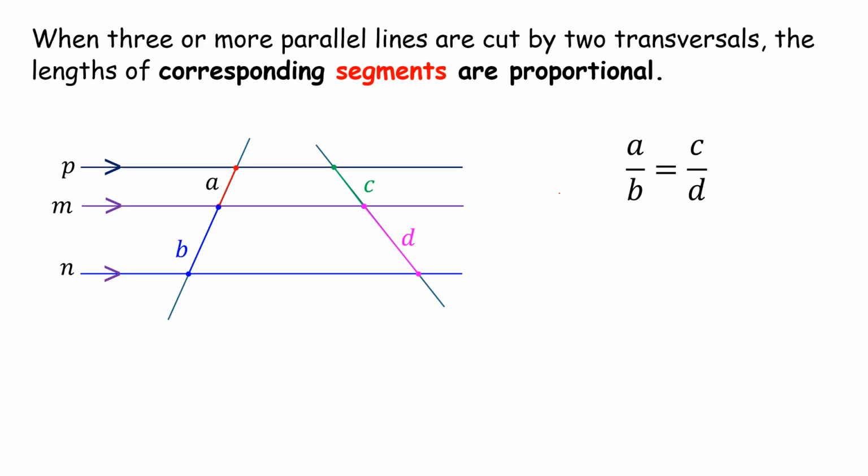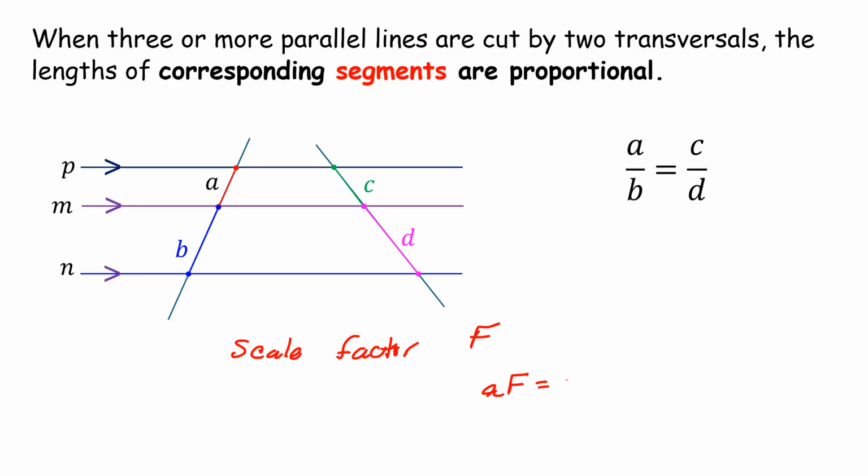All right. One way to find a missing segment would be to use this proportion. A over B is equal to C over D. Another way that you can express this idea is that there is a scale factor which relates the segments on the left to the segments on the right, meaning there is a number, we'll call it F for factor, that you could multiply by.